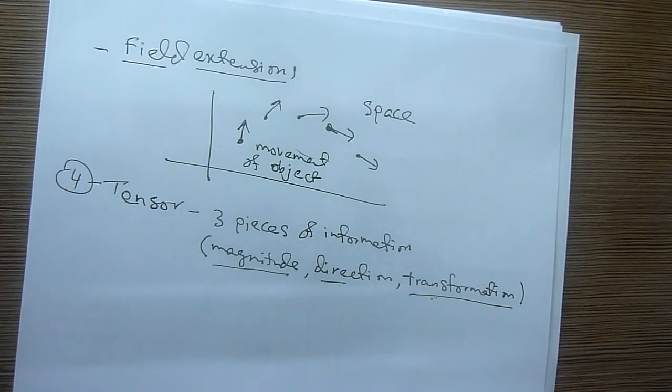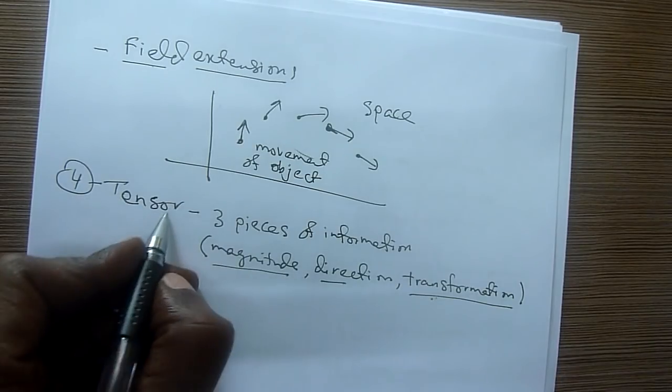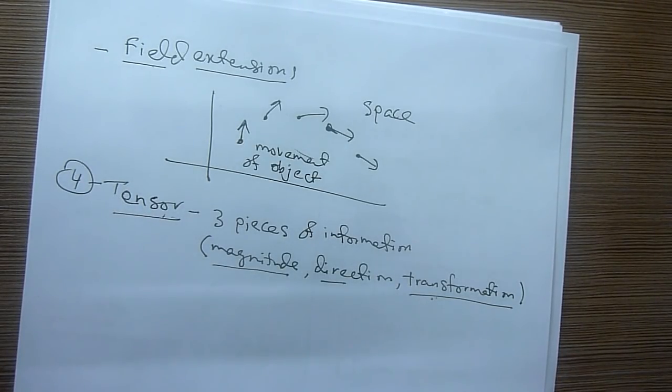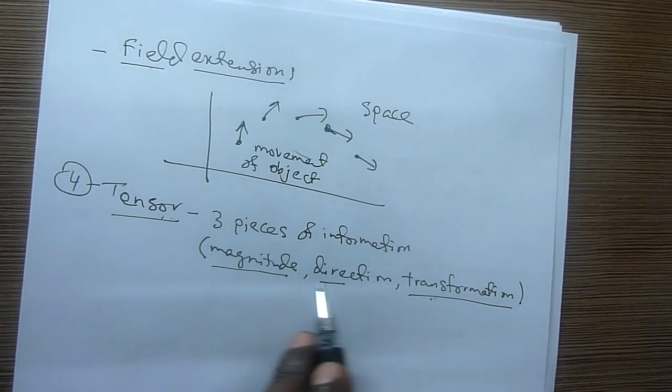Einstein was able to produce what we call the general relativity theory using tensor. Therefore we are able to see the dimension of any space in three pieces of information.